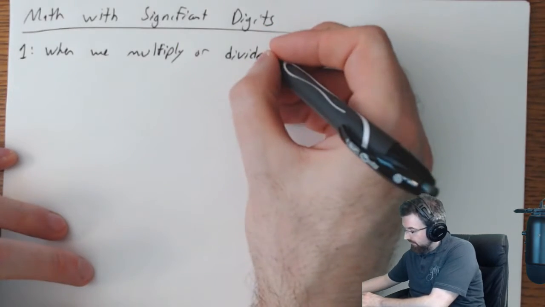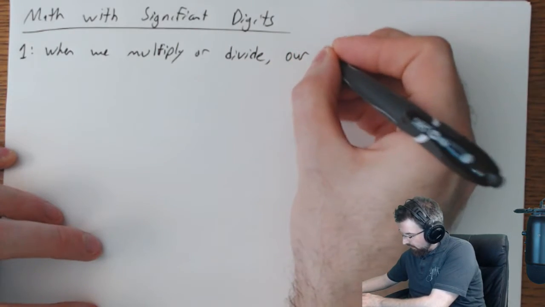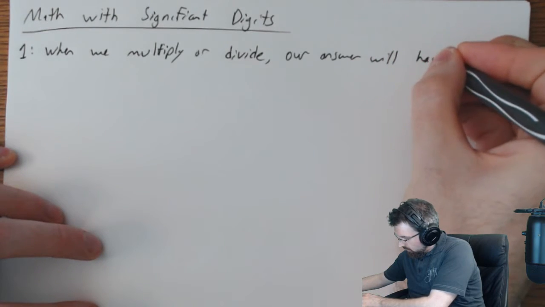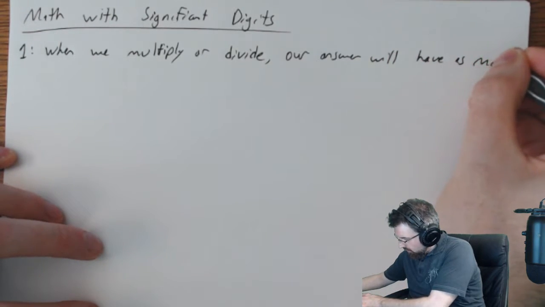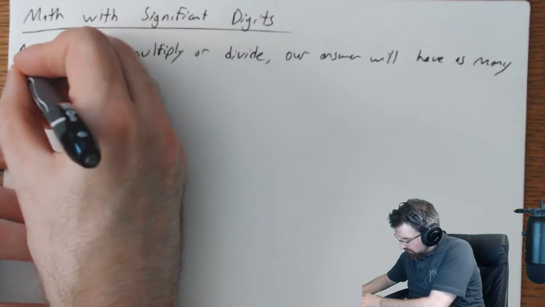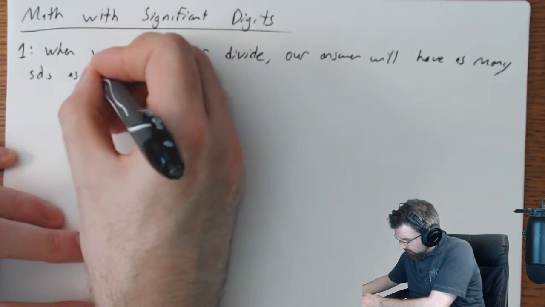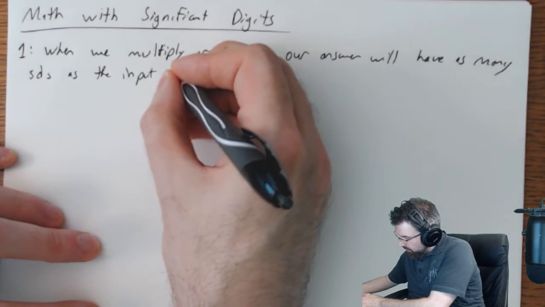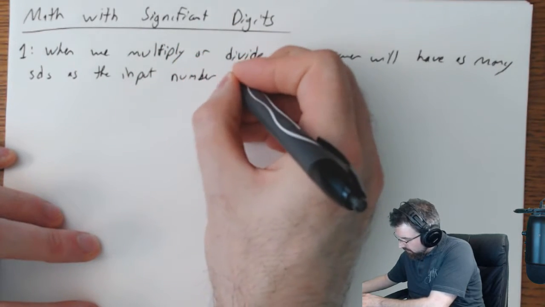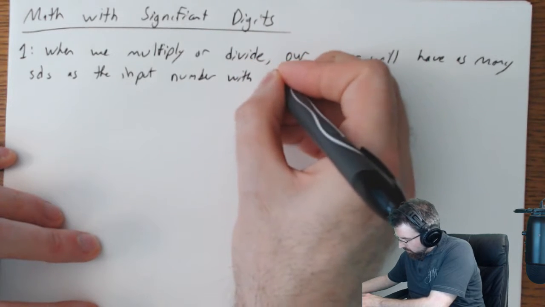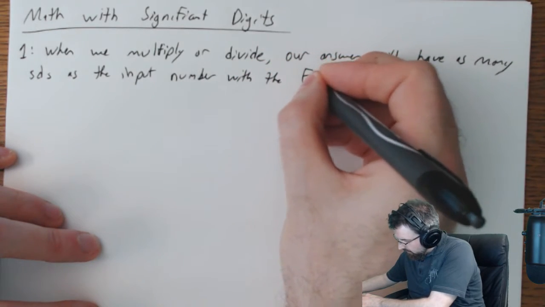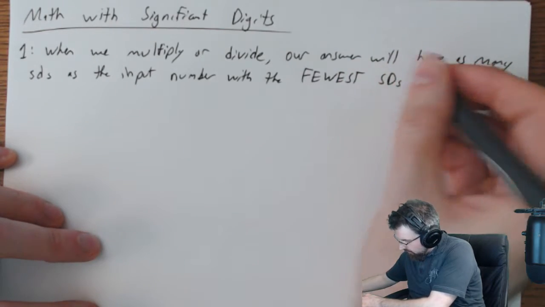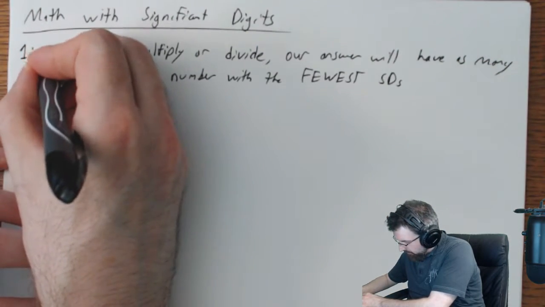When we multiply or divide, our answer has to have as many SDs as the input number with the fewest SDs. I should put them in capitals to be consistent.